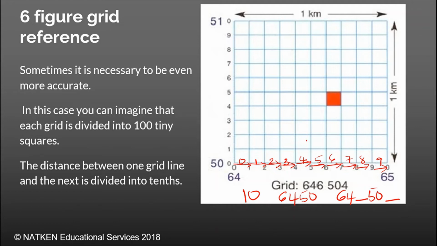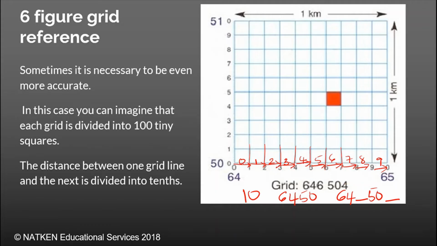So our job now is to find out what grid square the box or the symbol that we're searching for falls into. So from looking at this one here, remember that we're still using our easting lines first. So our easting line would have been 64. Similarly, all of the lines that are going vertical, all of these are our easting lines, so we will pay attention to those lines first. So we have 64, now we need to find the other part of our easting line.